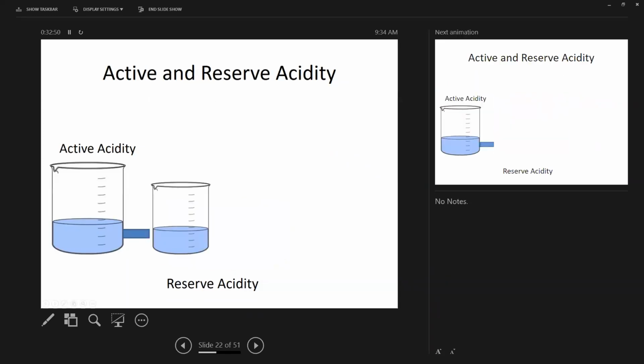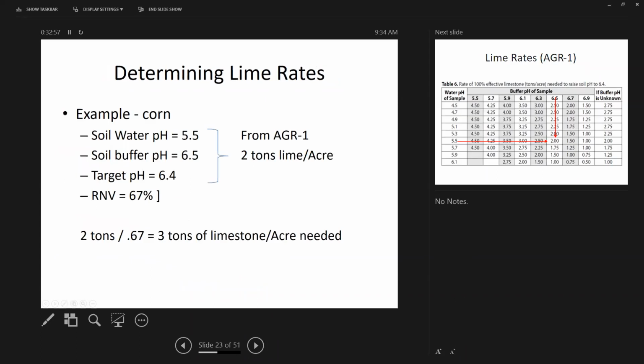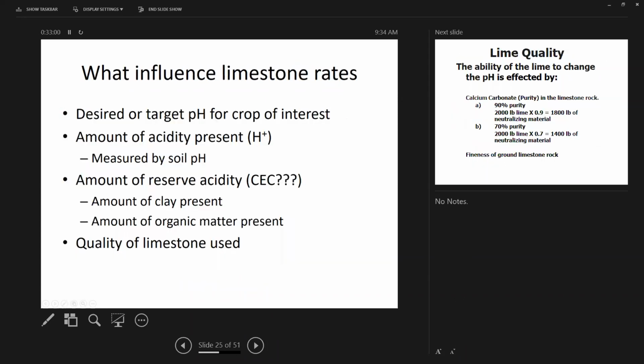The different pools of this reserve acidity are directly influenced by your CEC. So really, we don't need to worry about CEC because the Sikora buffer takes care of that. So our target pH, the amount of active acidity, the amount of reserve acidity, and the quality of our limestone, all that goes into determining how much lime we need to tell the client to spread to effectively neutralize our acidity.